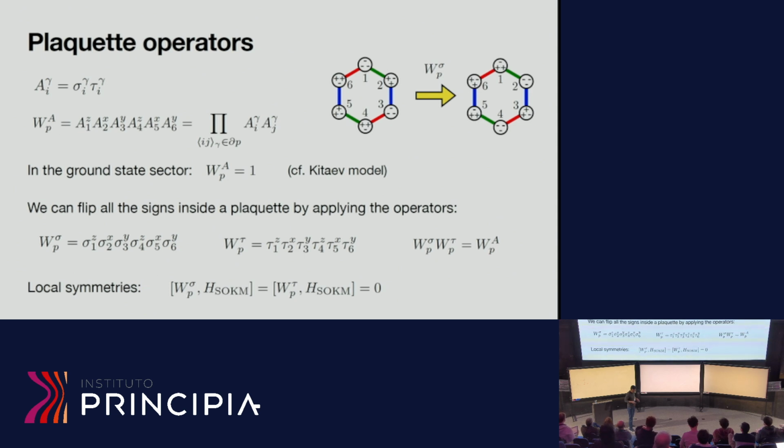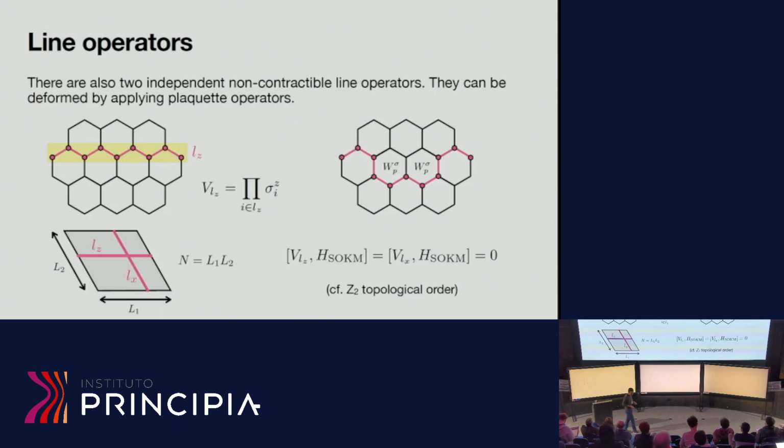But there are also other types of conserved quantities here that are not obtained by taking products of the plaquette operators. These are line operators that you can define. These are non-contractible lines. If you have periodic boundary conditions, they wind around the torus. You can take this one, for example, and apply sigma z's along this line.